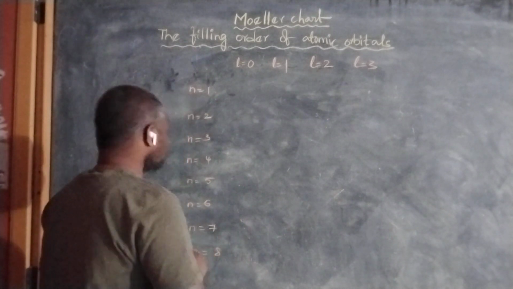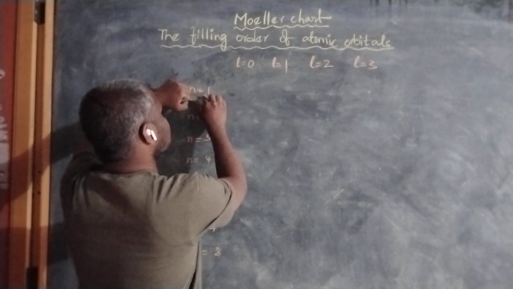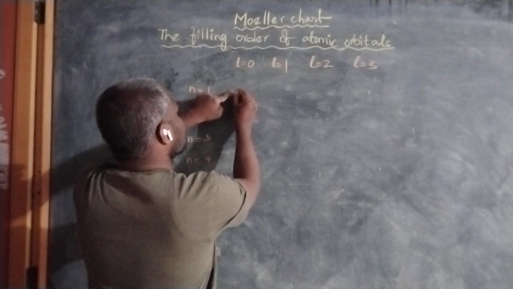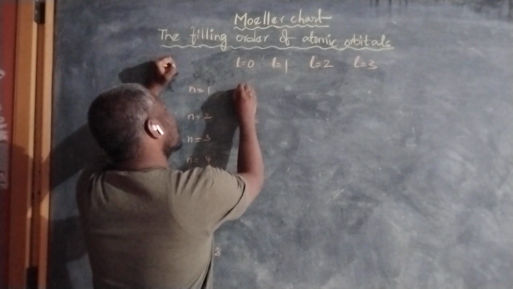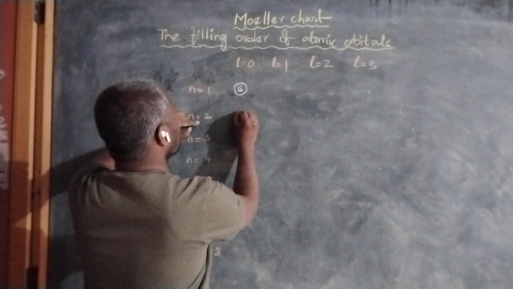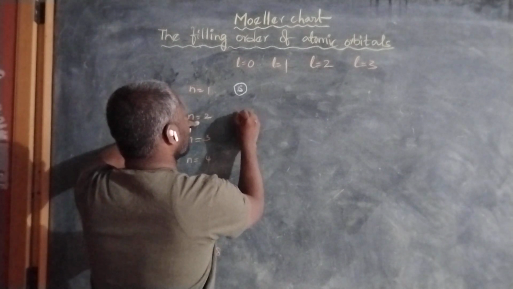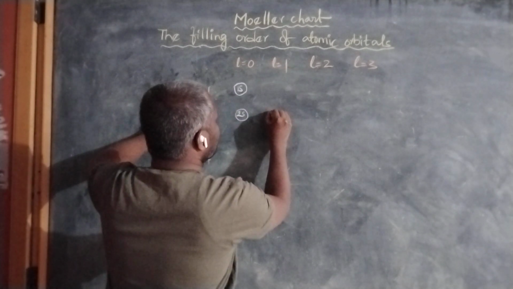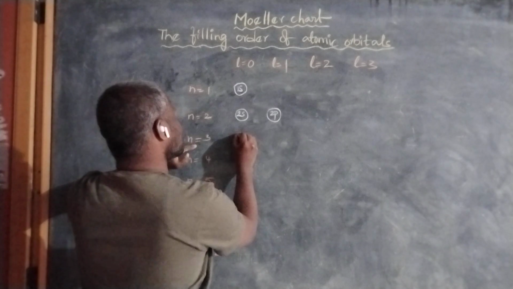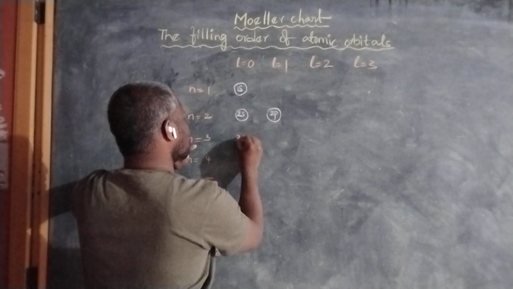So here we take exactly below the L value, and straight at n equal to 1 we write 1s, and here 2s, and here 2p. Next, n equal to 3 means we have entered the third shell.